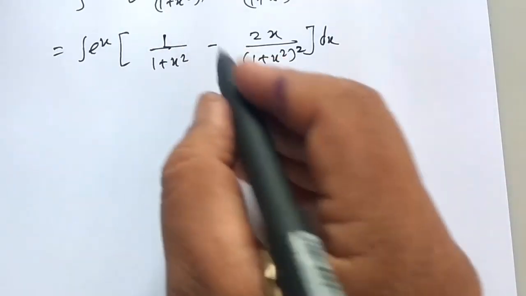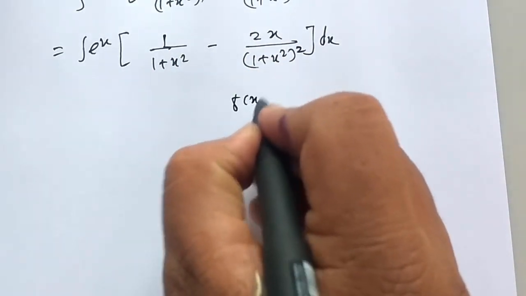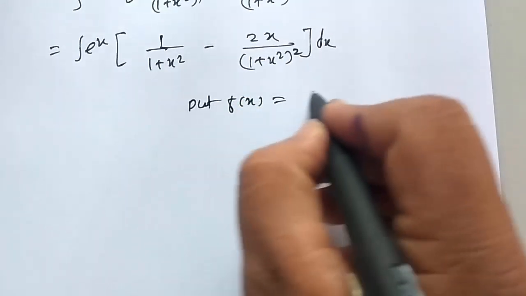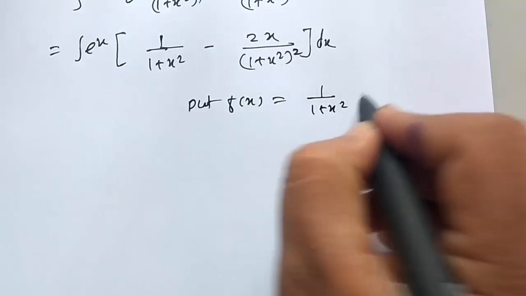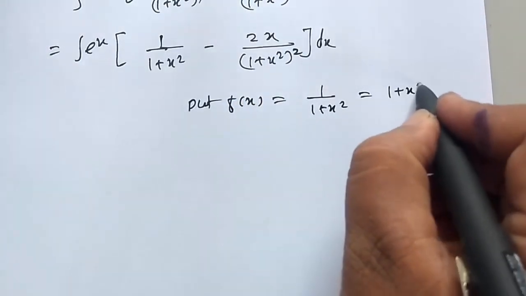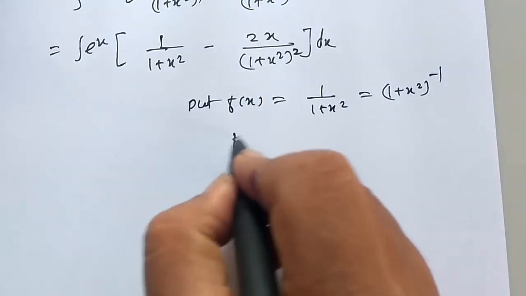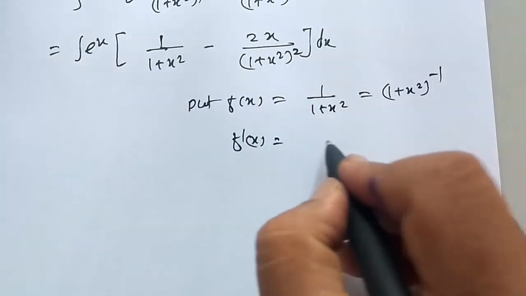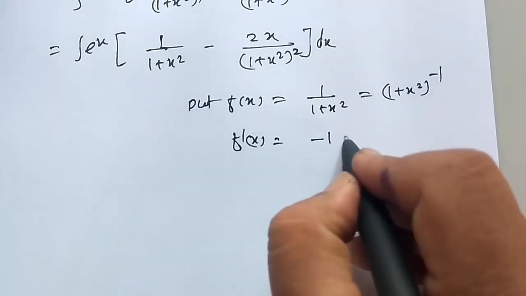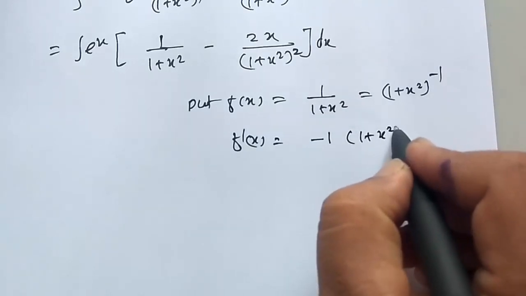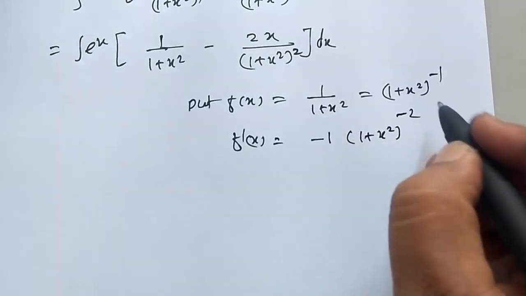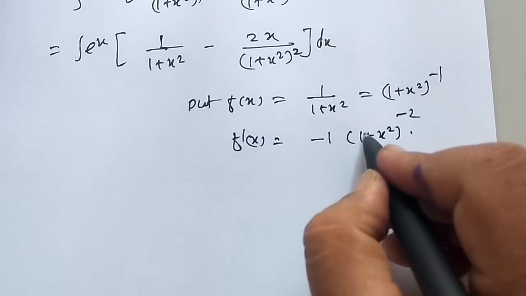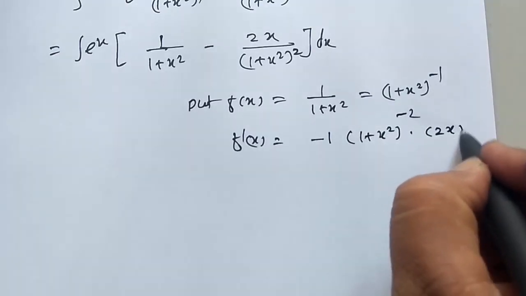Now if you take this as f of x, so put f of x is equal to 1 upon 1 plus x square, that is (1 plus x square) raised to minus 1. So f dash of x is equal to minus 1 (1 plus x square) raised to minus 2 into derivative of 1 plus x square, it is 2x.